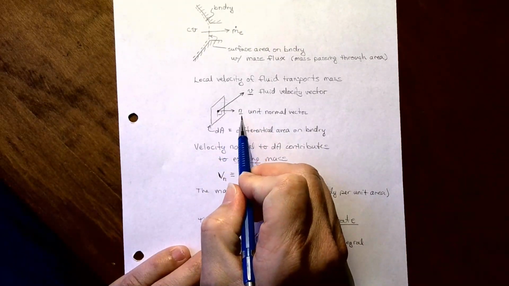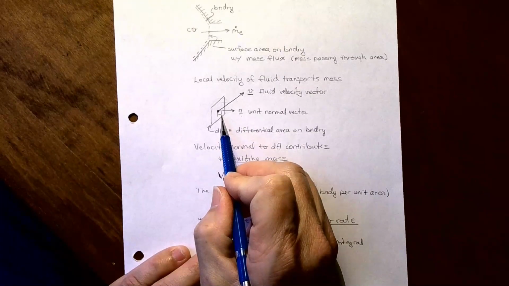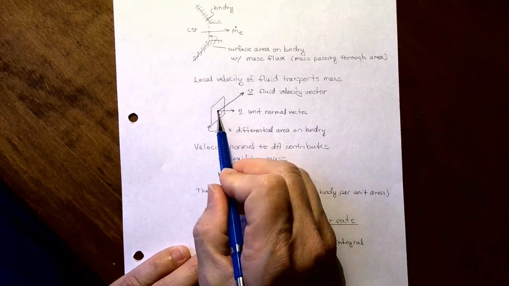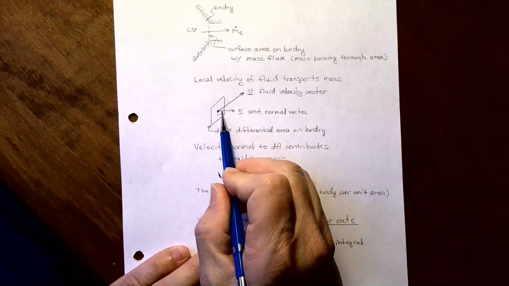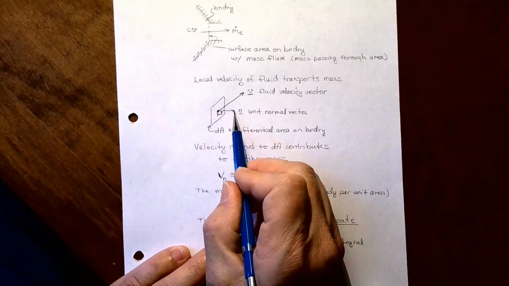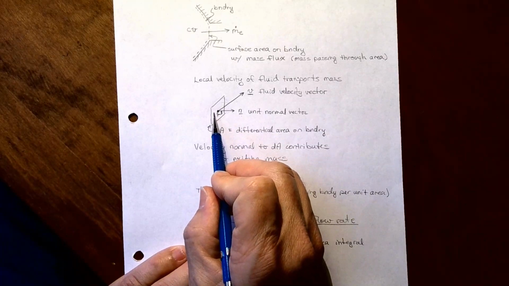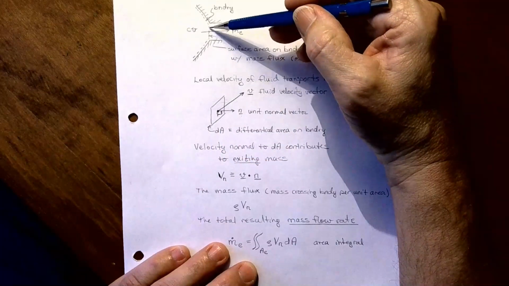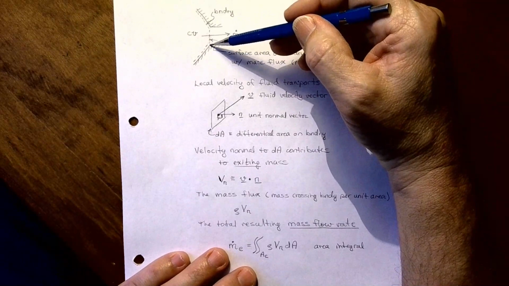n is a unit normal vector to the surface, so it points directly away or out of the system. It's orthogonal. I have a little square here to indicate that this is orthogonal to the cross-sectional area of our exit.